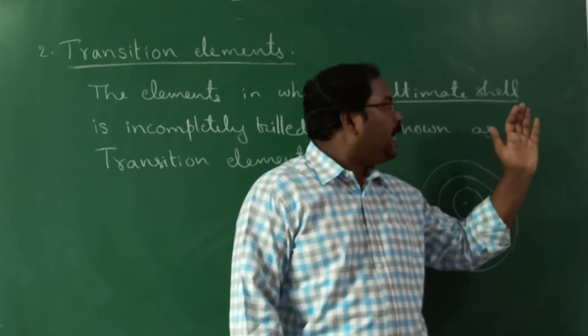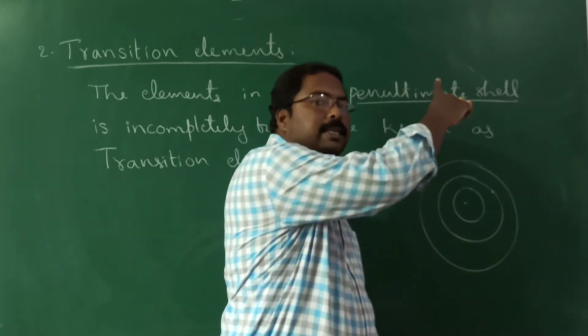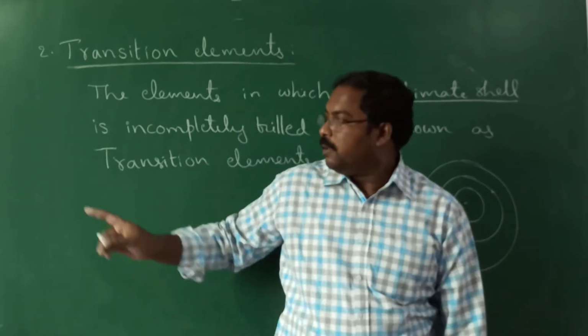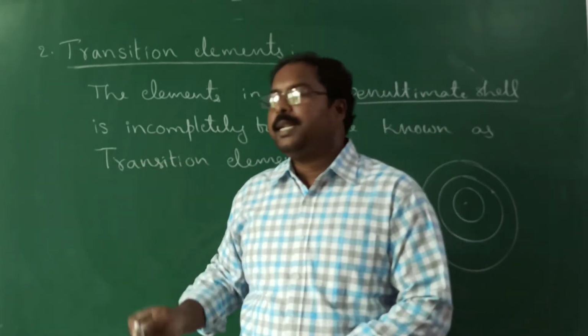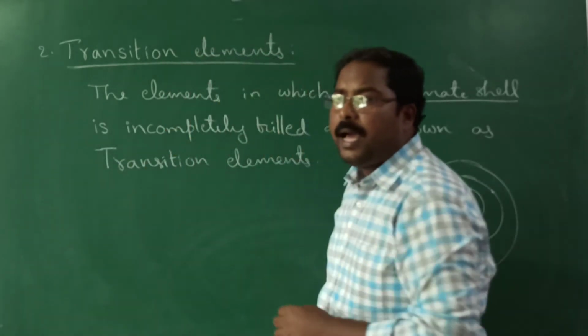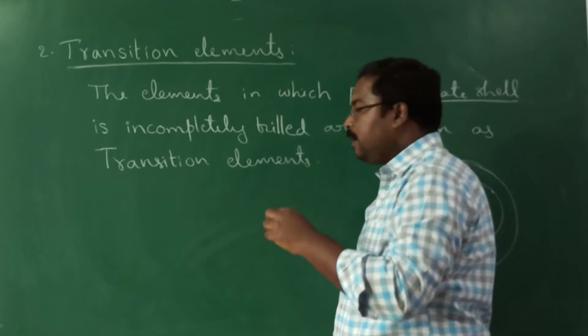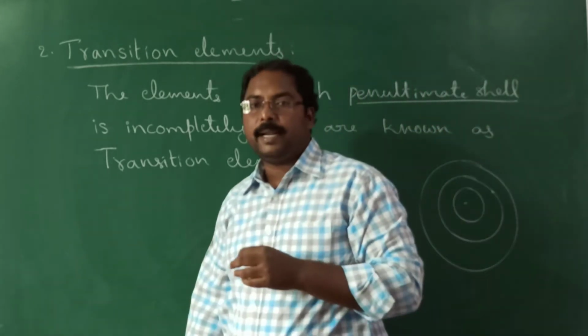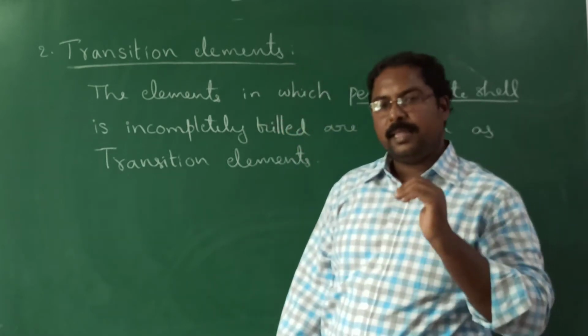The extreme right hand side of the periodic table has highly electronegative elements.